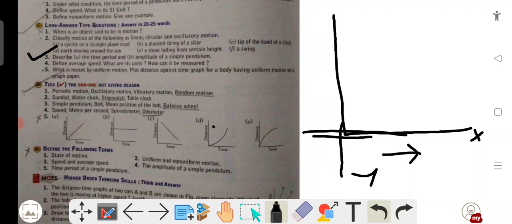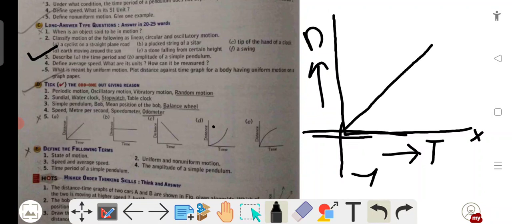If this is the time and that is the distance, then it is a straight line. So for uniform motion, the distance time graph is like this. I repeat, uniform motion is the motion of an object when it travels equal distances in equal intervals of time.